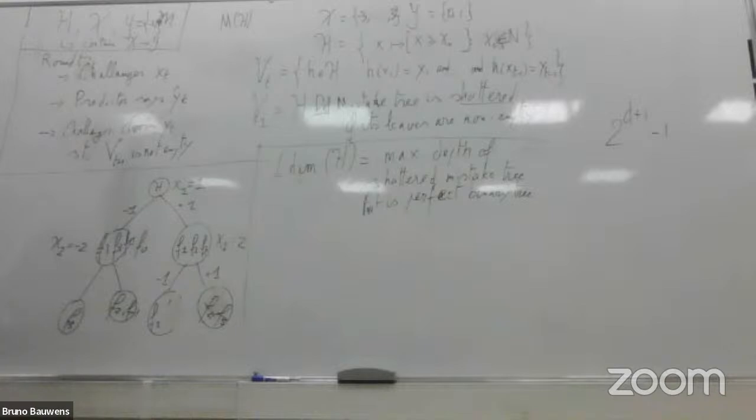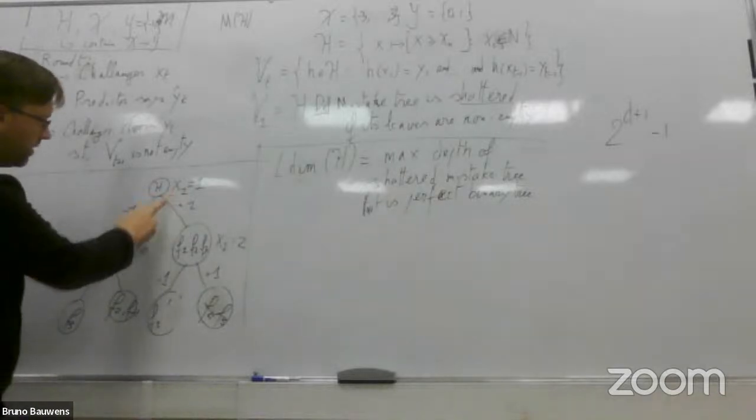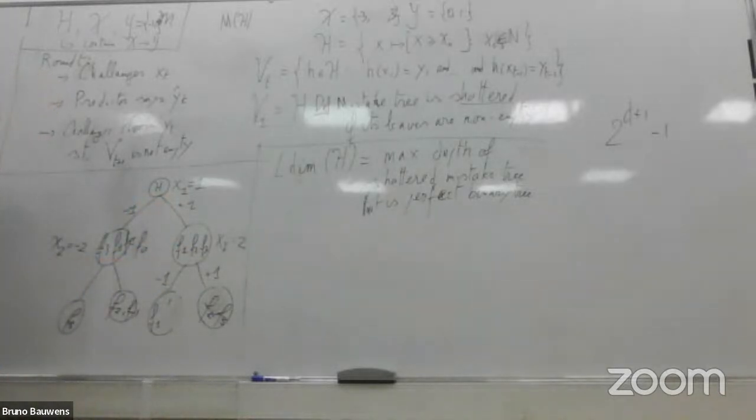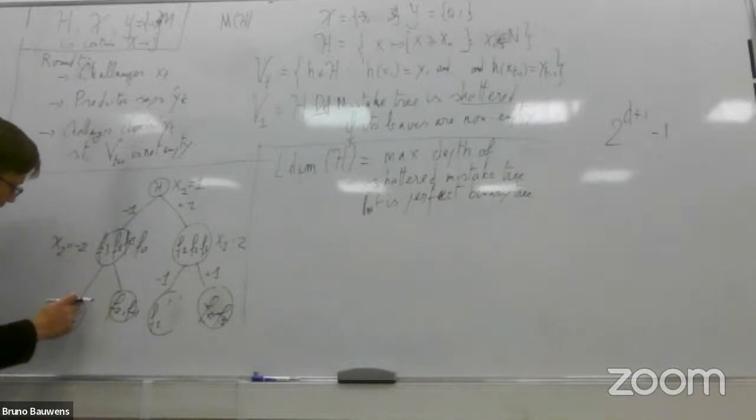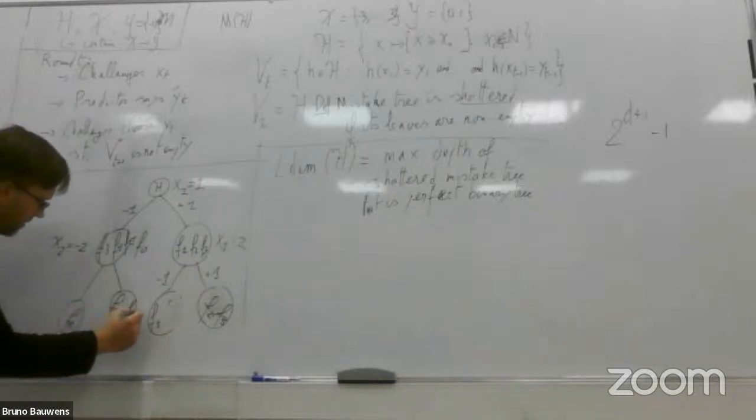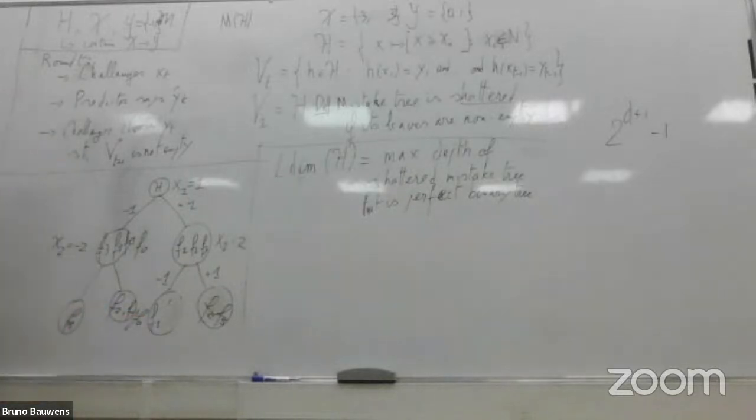If we choose -2, then the label is only f-3. Here we have f2.